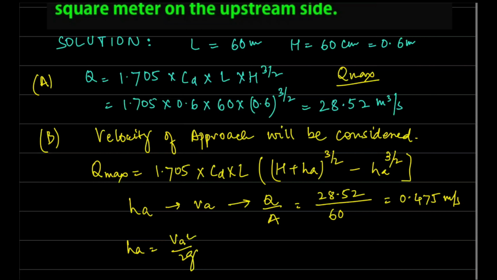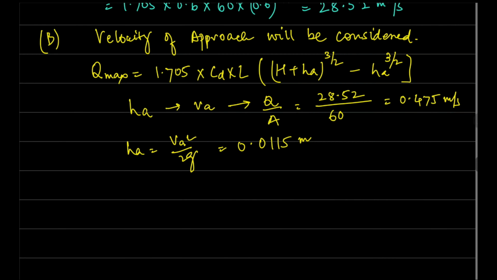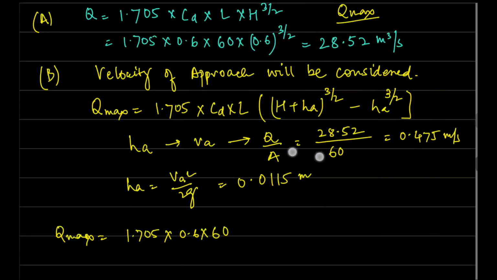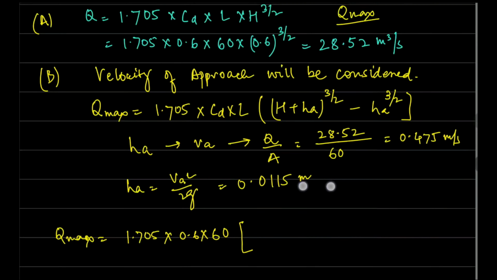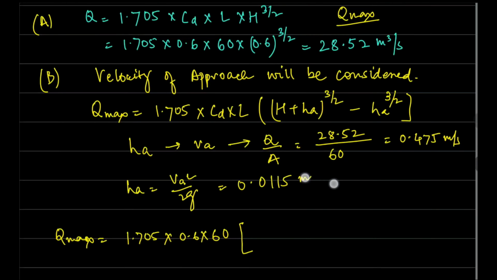So HA is coming out to be 0.0115 meter. Now we will put these values of HA and all, then we'll get the Q max. So Q max is equal to 1.705 multiplied by 0.6, L is your 60, and then H is given to us that H is 0.6.